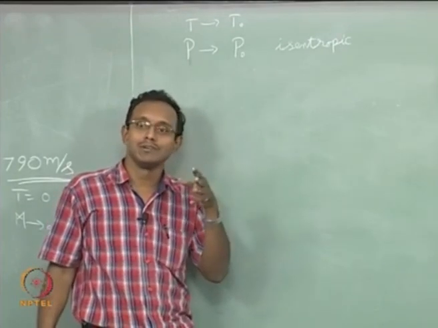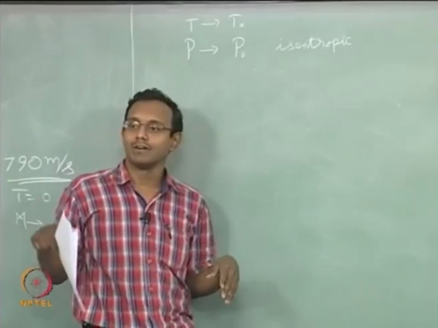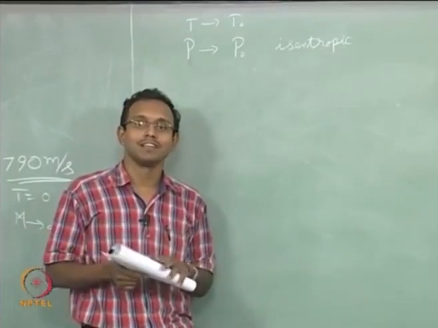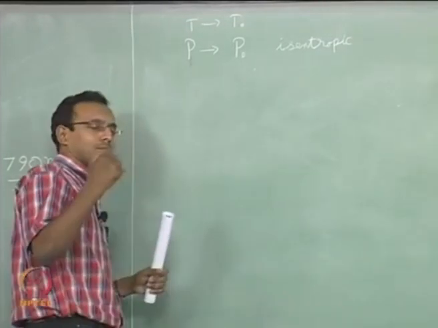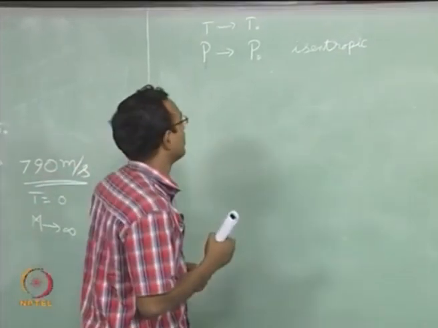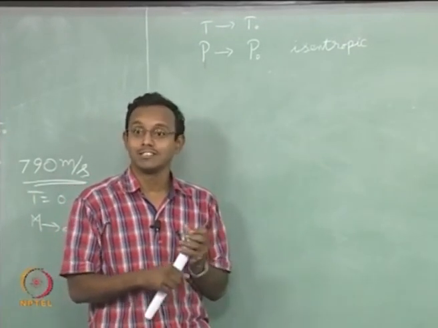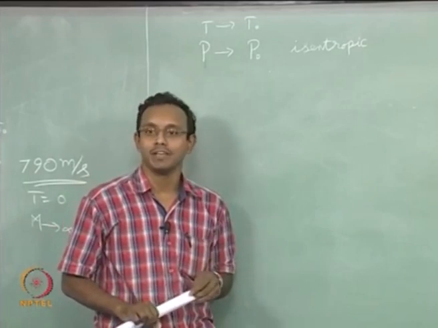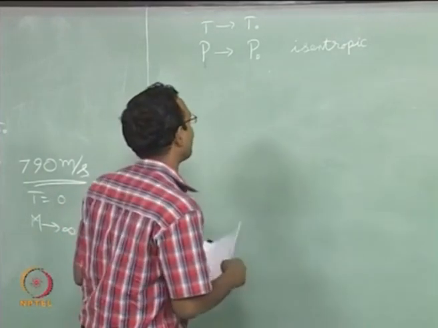Delta S equal to, I do not remember exactly, R ln P naught 1 by P naught 2, we will get to something like that, okay. R ln P naught 2 by P naught 1. So there will be some loss in entropy, some energy lost in creating entropy, so that the flow happens. That can happen in real life, okay.